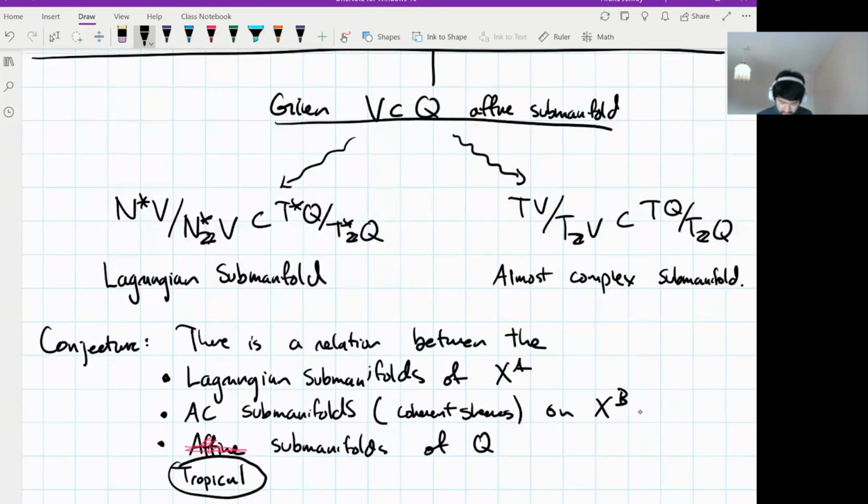And there is a 10 or 20-year-old understanding of how complex submanifolds are related to tropical submanifolds. And in the actual talk, I will describe the relationship between Lagrangian submanifolds and tropical submanifolds in some more detail, and then use those relations to study the relationship between Lagrangian submanifolds and complex submanifolds.